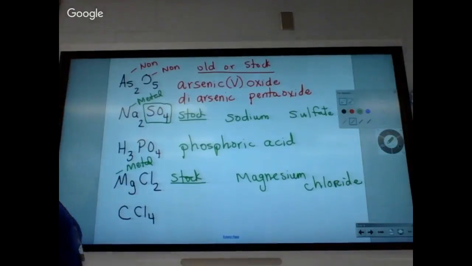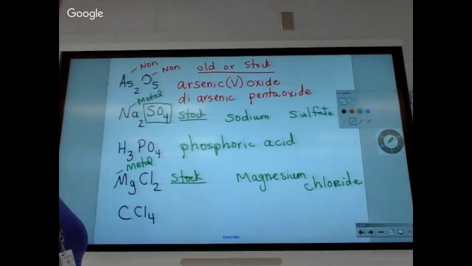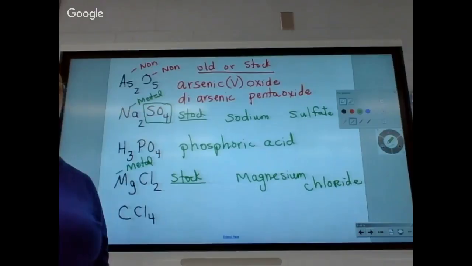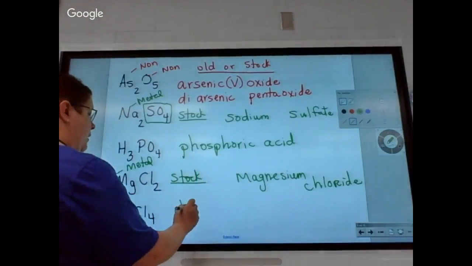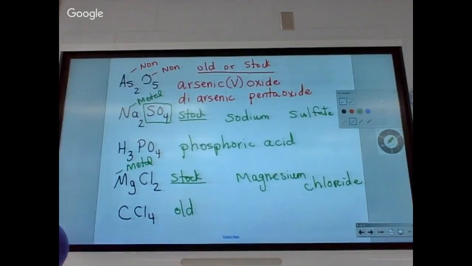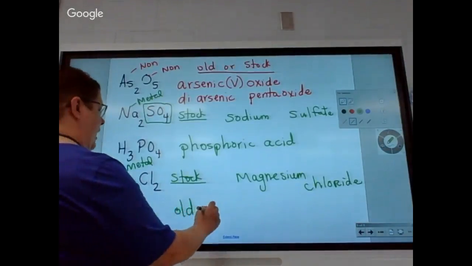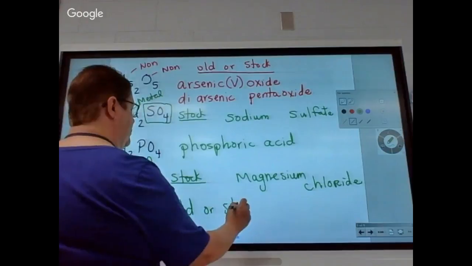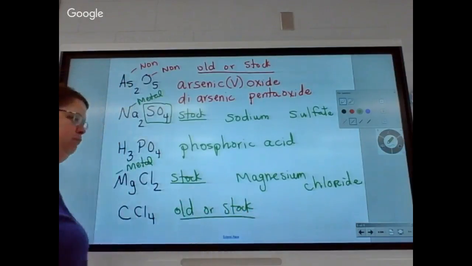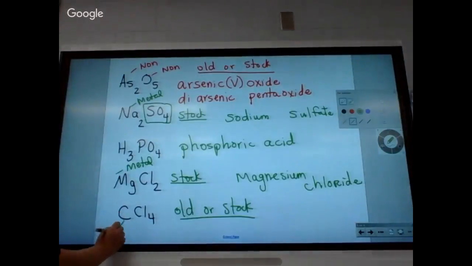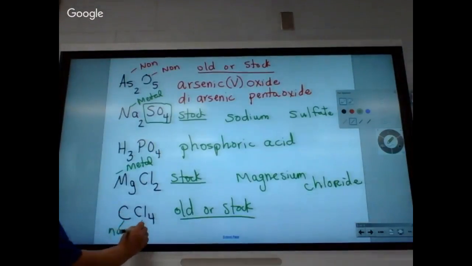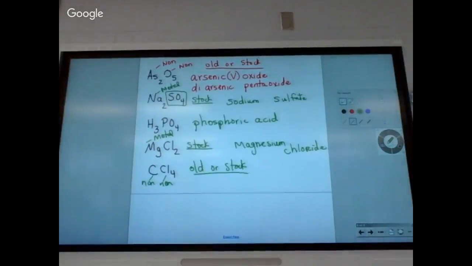All right, last one. What can you tell me? It's what? It's old system. Okay? Does it have to be old system? No. Or it could be stock. Now, how did Chris come to that conclusion? They're both nonmetals. Okay? So, if I do stock, what would its name be in stock?